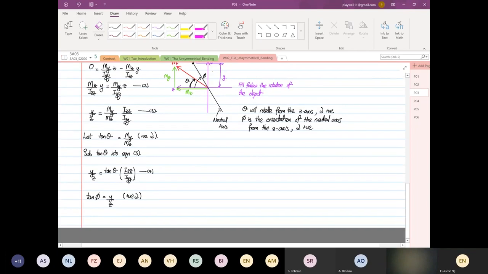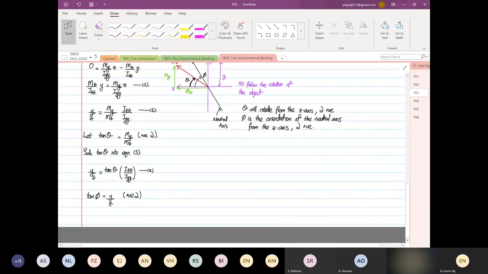So we're going to substitute tangent phi into equation 4. I'm going to carry on writing.